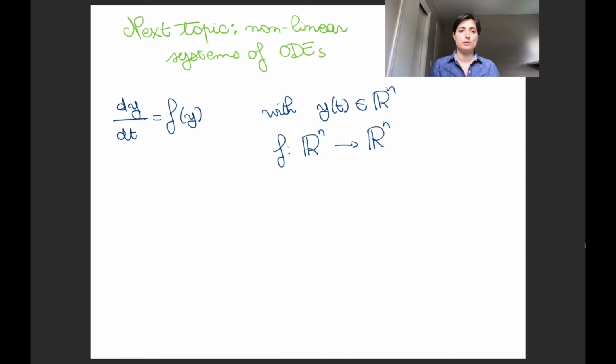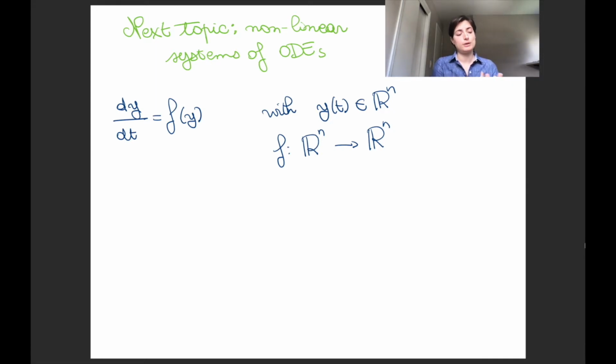That is, we're looking at a function y of t, and when you compute y at a given t, you have a vector. So y(t) is a vector in R^n, so n components of y. That means that the derivative y prime, the derivative of y with respect to t, is also a vector.